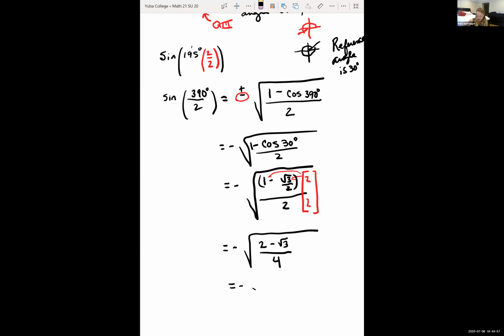But this is the same thing as the square root of the numerator. So negative square root of 2 minus root 3 all over the square root of the denominator, but the square root of 4 is 2. So sine of 195 degrees, the exact answer is this.